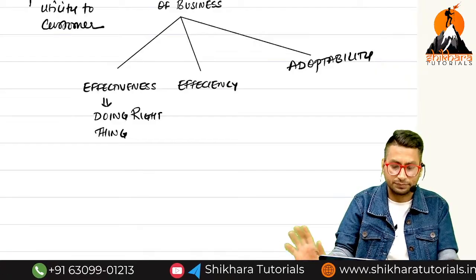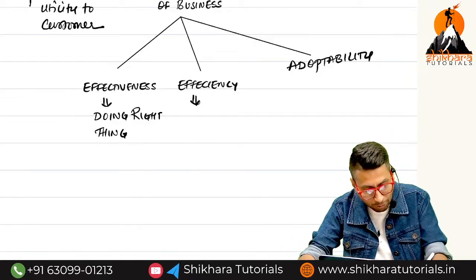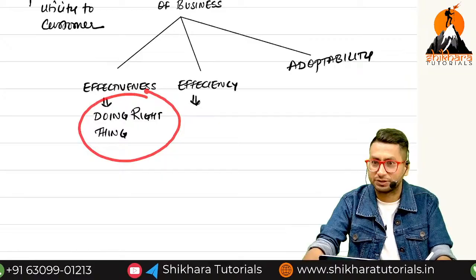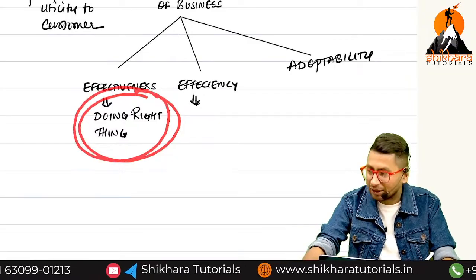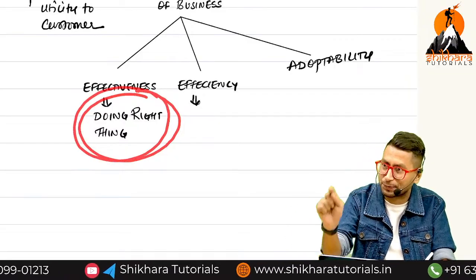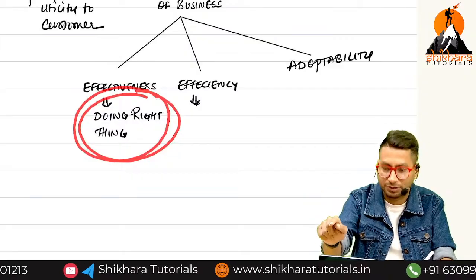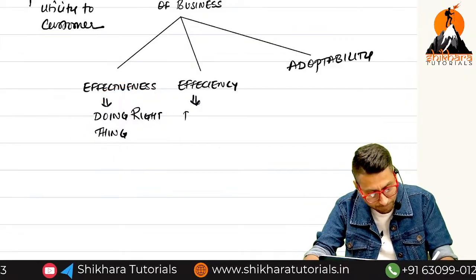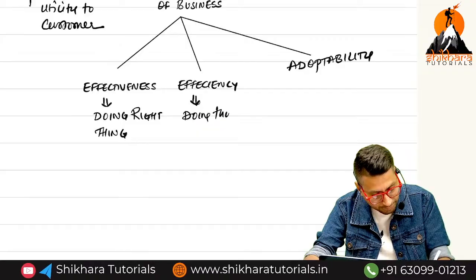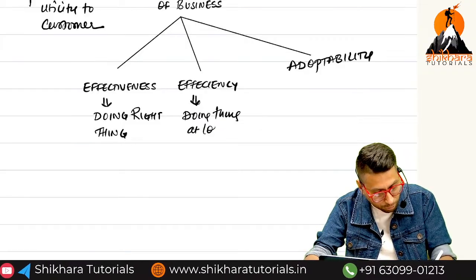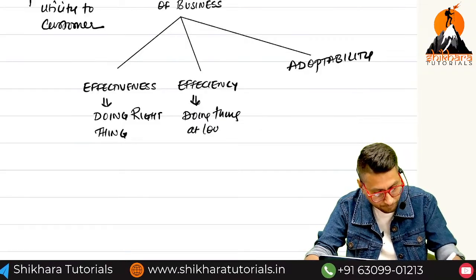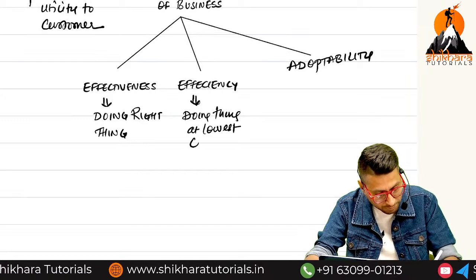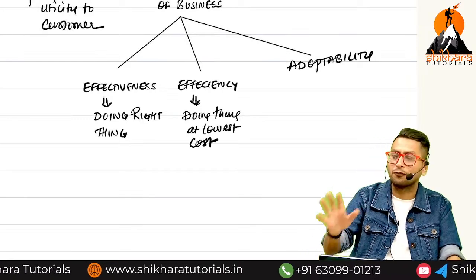Efficiency means, now am I doing the right thing? Yes. But when I am doing the right thing, should I do it at the highest possible cost or the lowest possible cost? Lowest possible cost. Simple. Doing things at lowest cost is an example of efficiency.